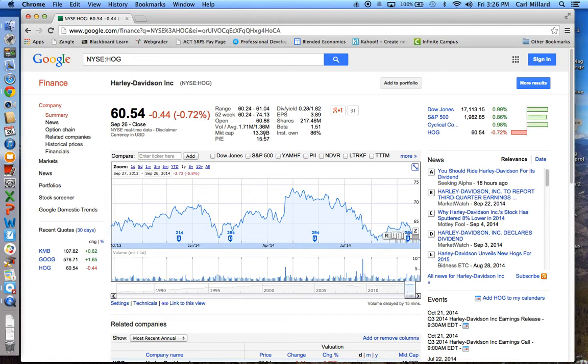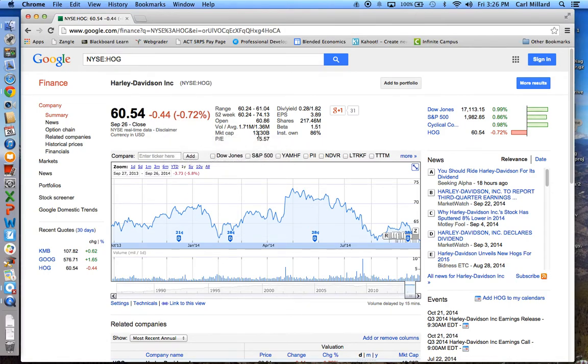Market cap, $13 billion. That's the value of this company. Harley-Davidson's worth $13 billion. Now, if you highlight this, it tells you that if you take the number of shares over here, 217 million shares, and multiply that by $60, that gets you to $13 billion.